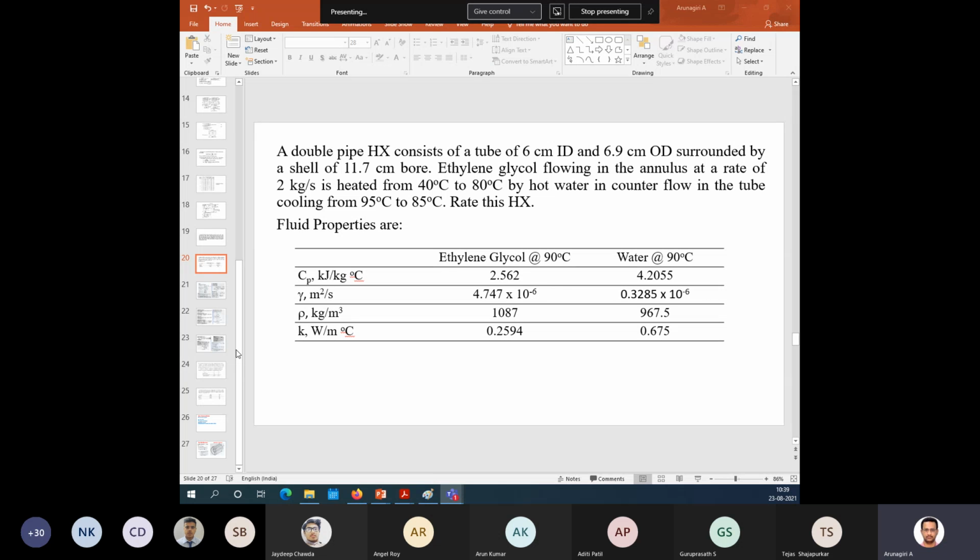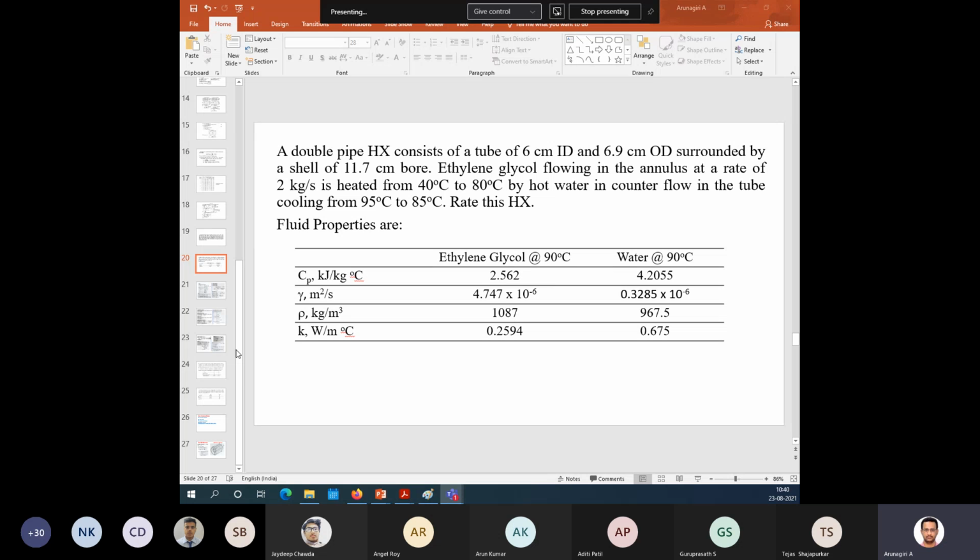If they have given only the process stream, we have to identify the suitable heating medium or cooling medium based on the purpose or objective. If the process fluid is to be cooled down, then we have to identify the cooling medium. If the process fluid is to be heated up, then we have to identify a heating medium.